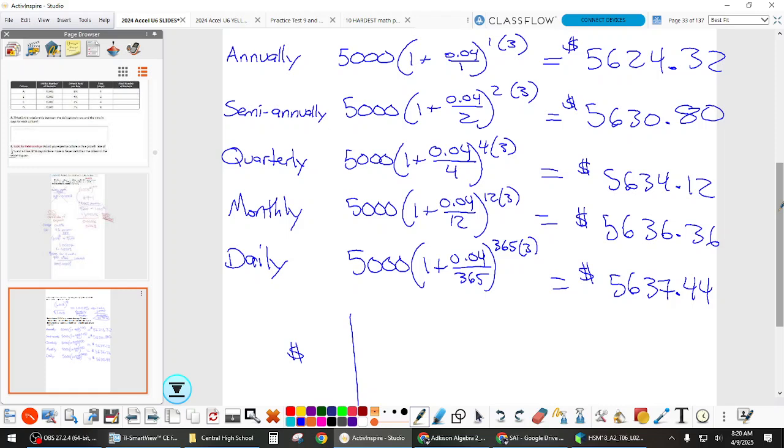Guys, you don't need to do numbers. I just want you to sketch the shape of the graph. Miss Radcliffe, I got it. Would it be something like that?